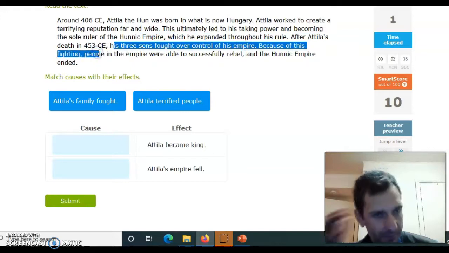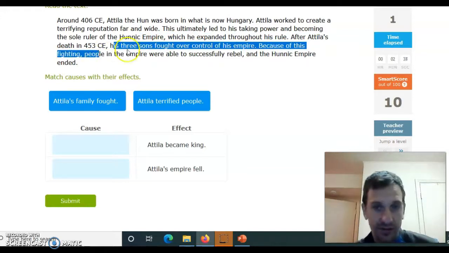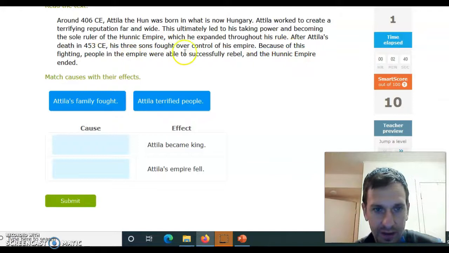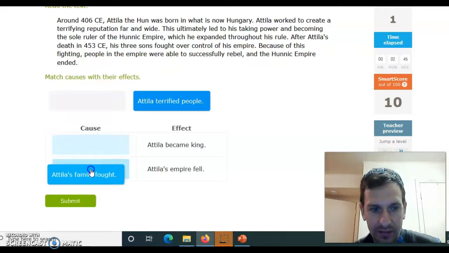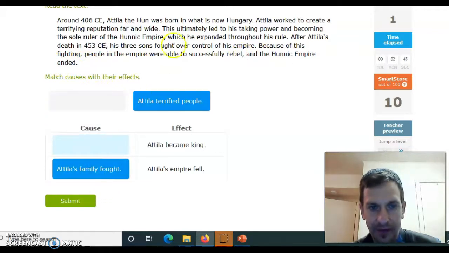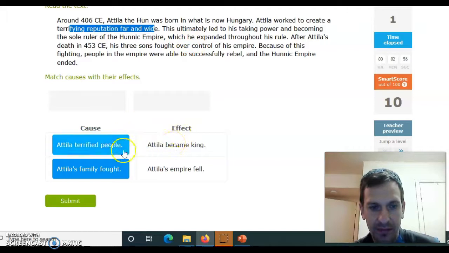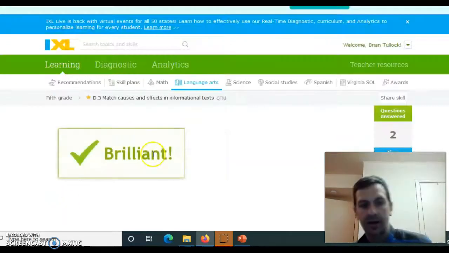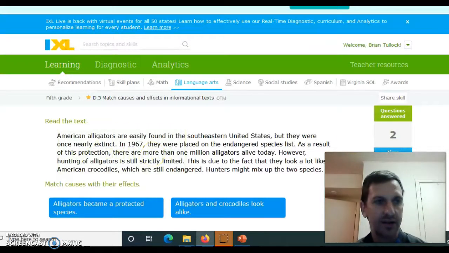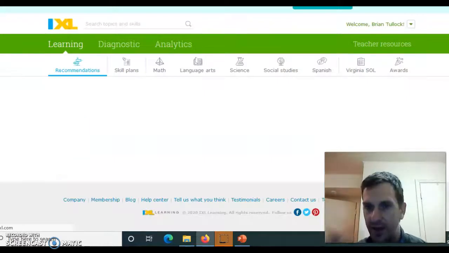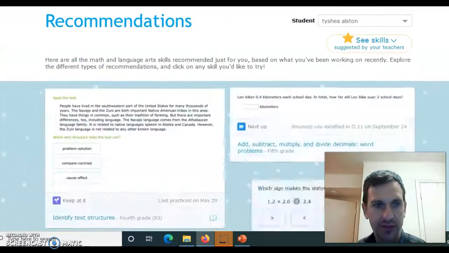Because of the fighting, there's our cause and effect word, the empire was able to rebel and the Hunnic Empire ended. So, because his family fought, the empire fell. He had a terrifying reputation far and wide. Since he terrified people, they were afraid of him, and he became king. Alright? Cause and effect. I hope this is making sense as we go through these questions.